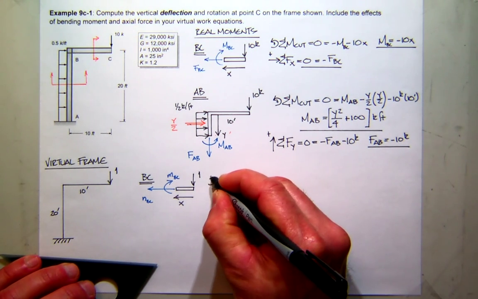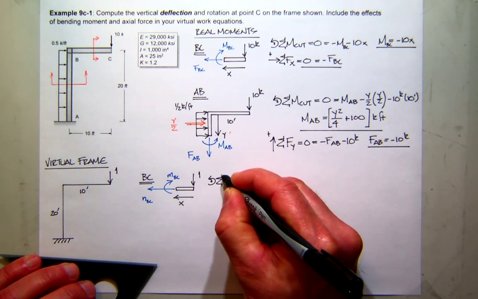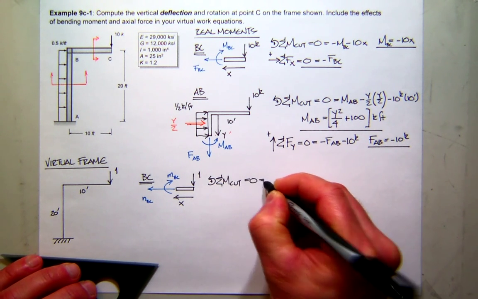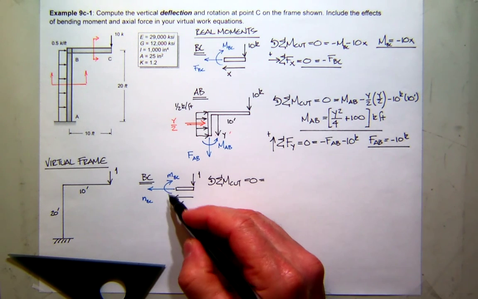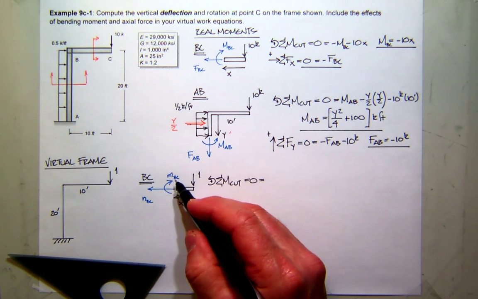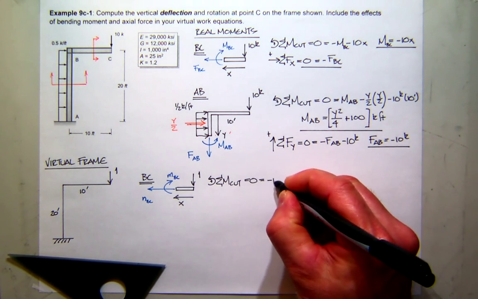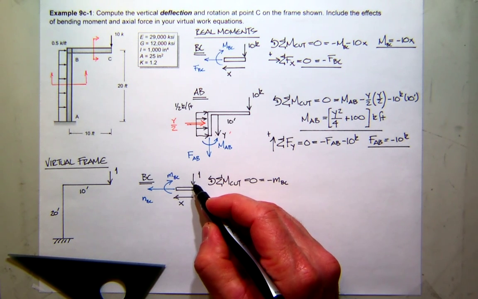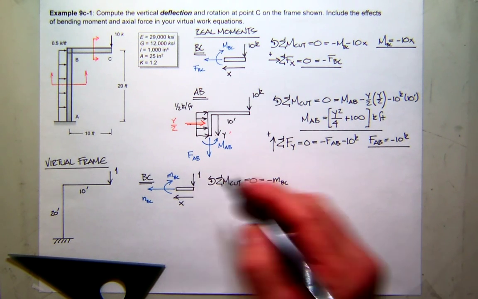So if I sum moments about the cut, make sure I have equilibrium, what do I have? Well, the internal moment is positive or negative? Negative. The moment produced by this virtual force is also negative.